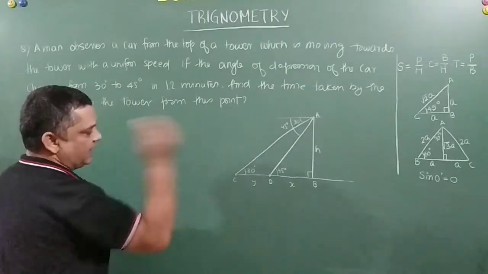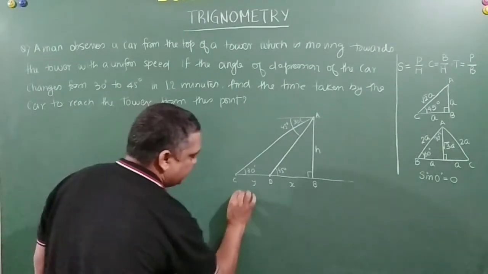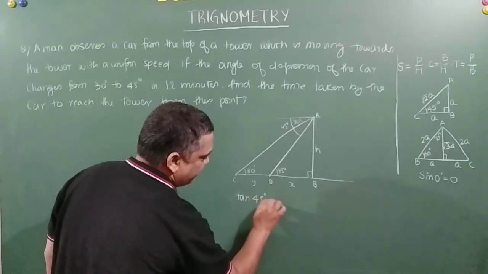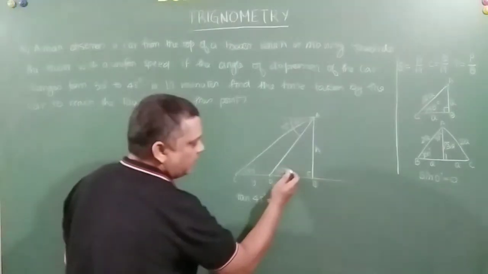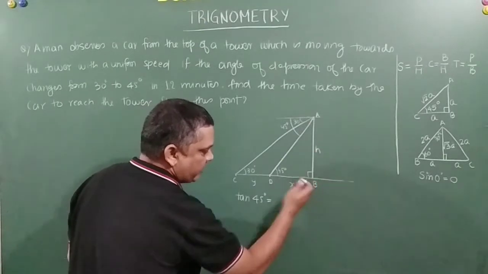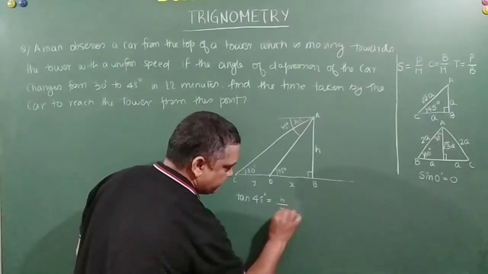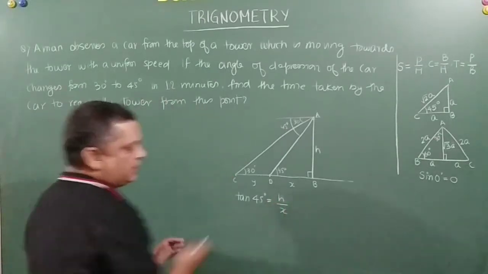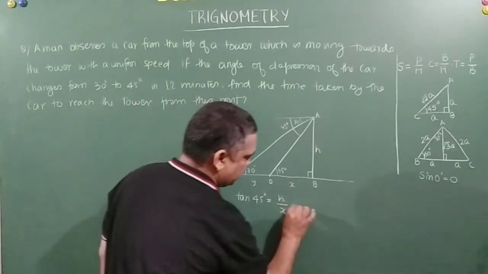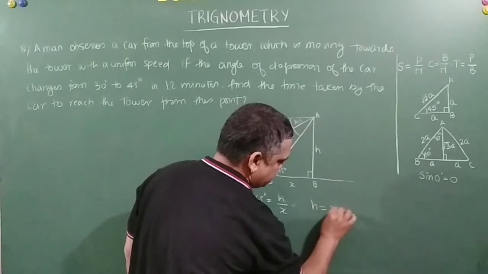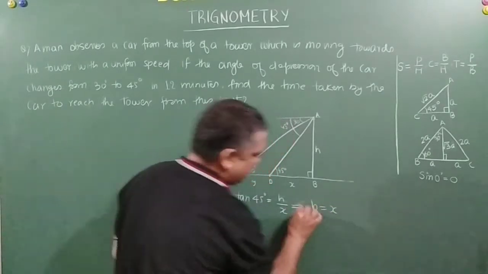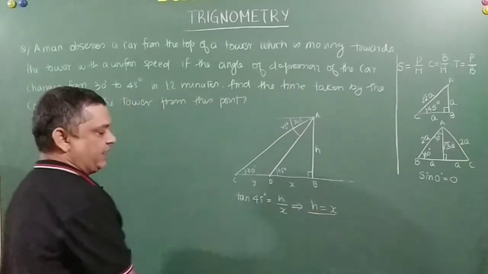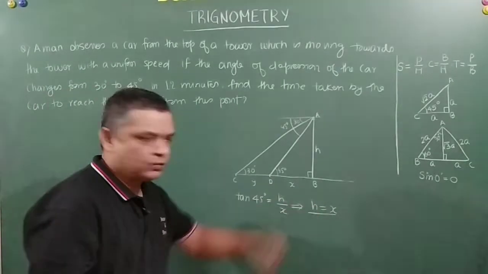Tan 45 degrees is nothing but perpendicular by base, that is H by X. But tan 45 is 1, so that means H is equal to X. I have skipped one step here, so please don't mind it. So X is equal to H.